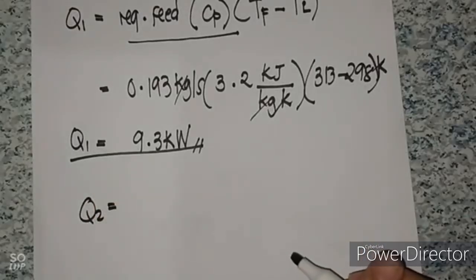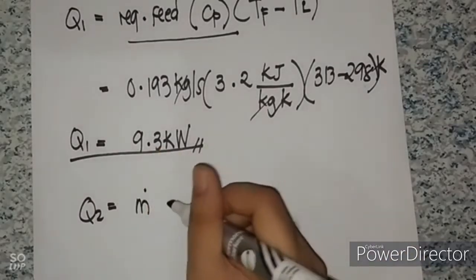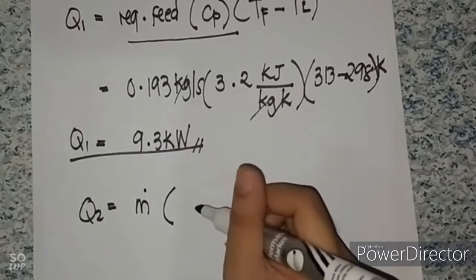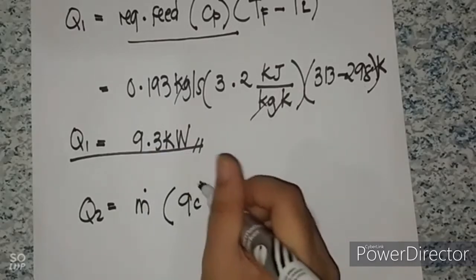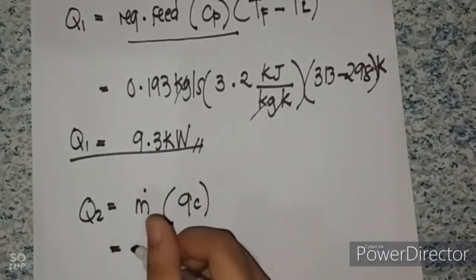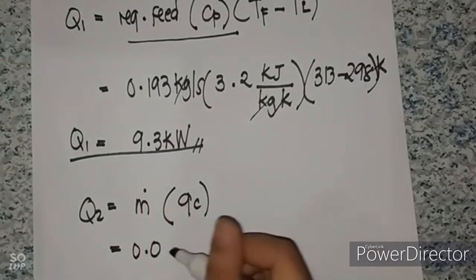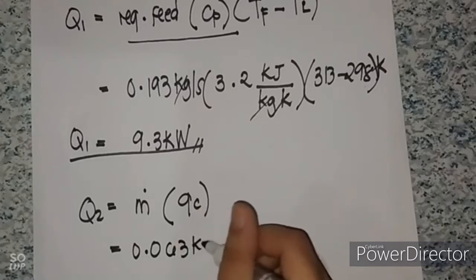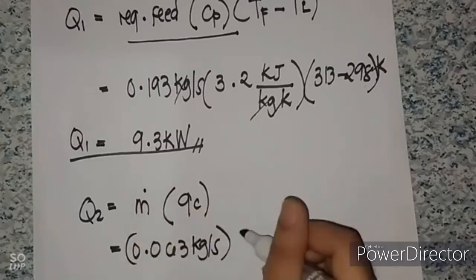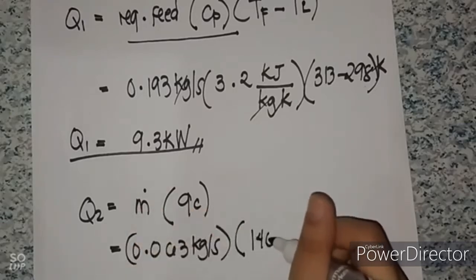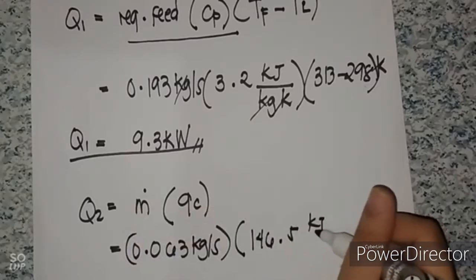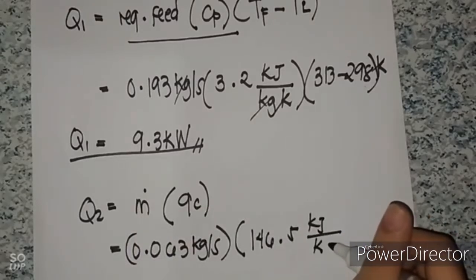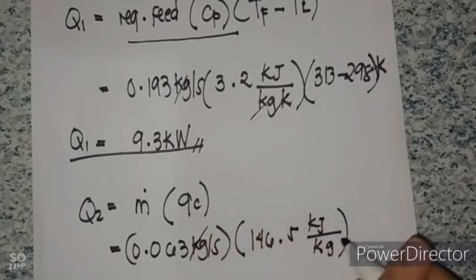Now let's calculate the heat of crystallization of the required product rate. Our Q2 is the mass flow rate required in product multiplied by the heat of crystallization: 0.063 kilogram per second times the QC value, which is 146.5 kilojoules per kilogram.